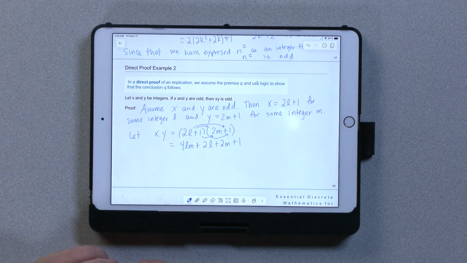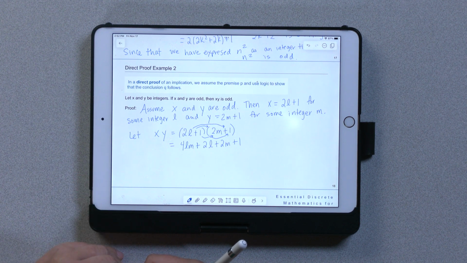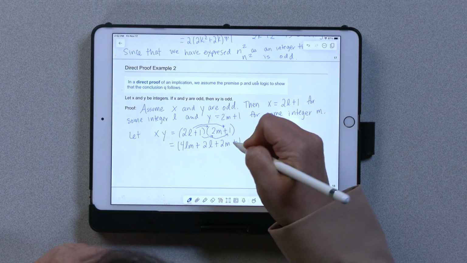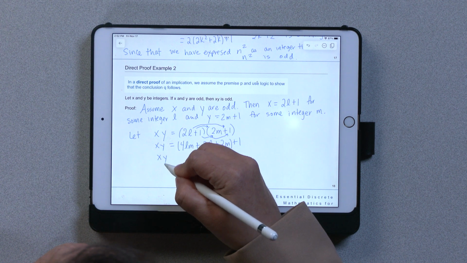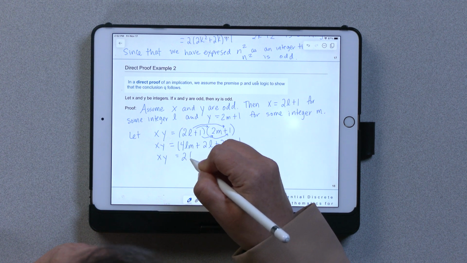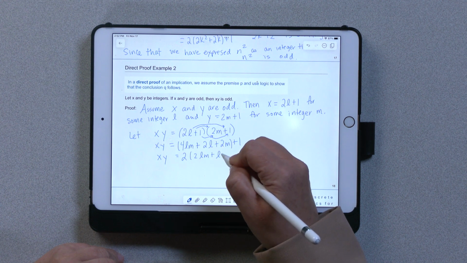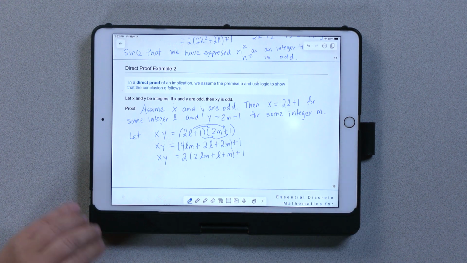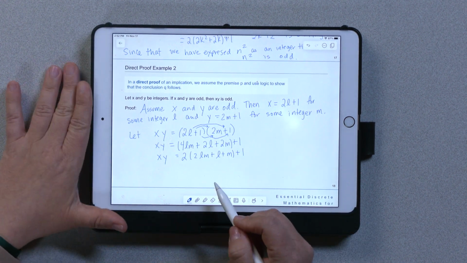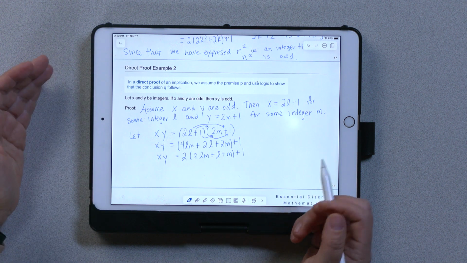We want to show that this is actually an odd number, so we want 2 times an integer plus 1. We can factor out a 2. We have 2 times 2lm plus l plus m, plus 1. Once again, we know that when we multiply and add integers, we'll still have an integer.